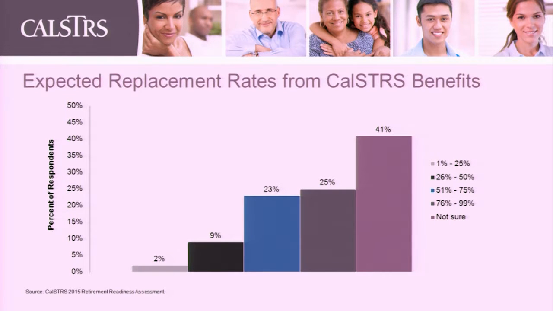I briefed this quickly because I showed it the last time I was here. This is a demonstration that there's an opportunity to increase awareness of our members around their benefits. When asked about what they expect their replacement rate to be, 41% of our members say they're not sure.